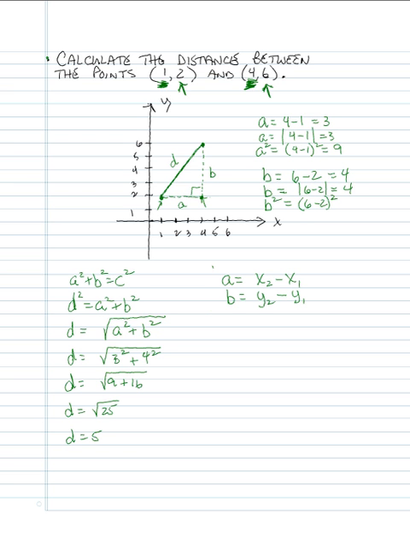Okay, more generally, find the distance between the points. In this case, the first point has an x value of x subscript 1 and a y value of y subscript 1.